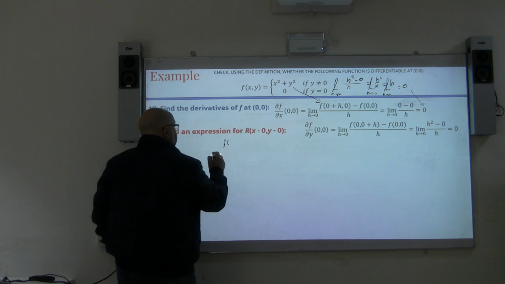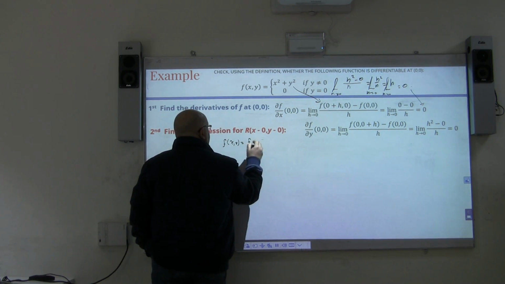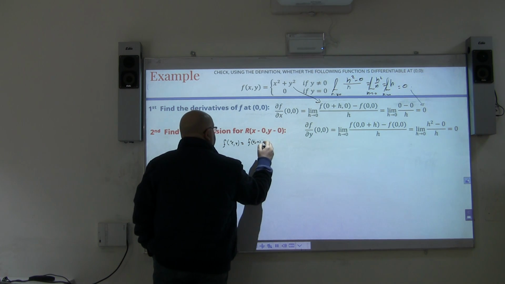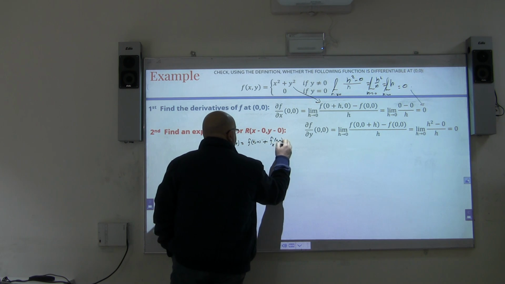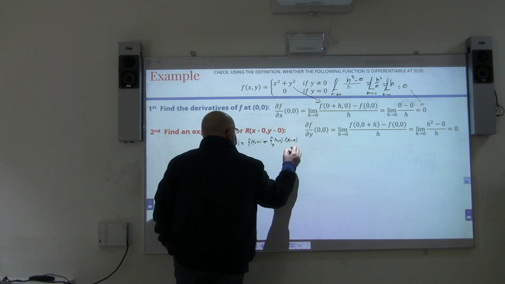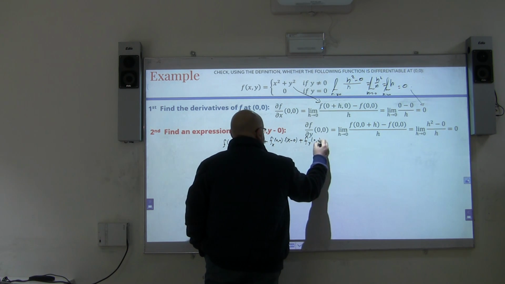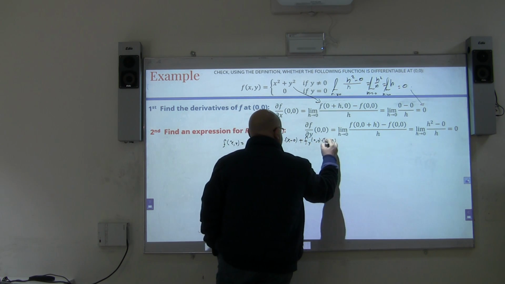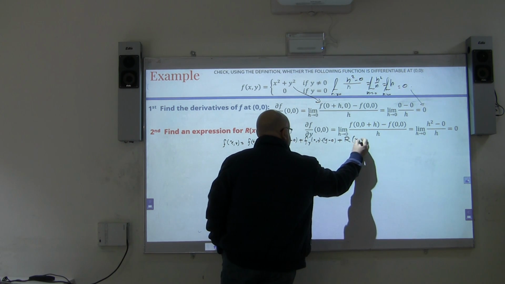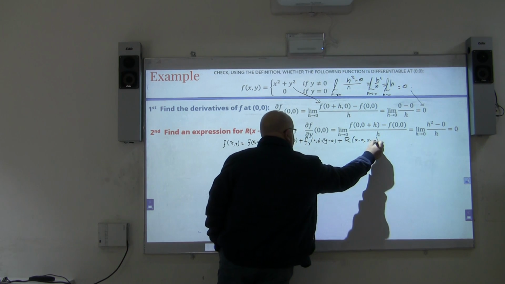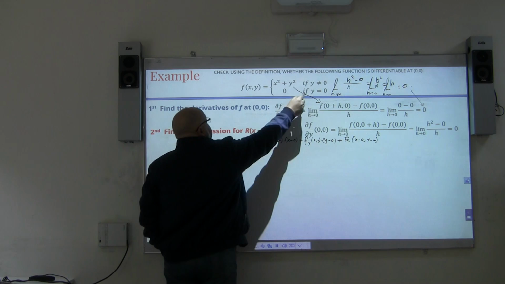So once more, f of (x, y) is going to equal the value of the function at (0, 0), plus f sub x at the origin times (x minus 0), plus f sub y at the origin times (y minus 0), all of this plus r of (x minus 0, y minus 0). If you remark, the value of the function at the origin is given by 0.